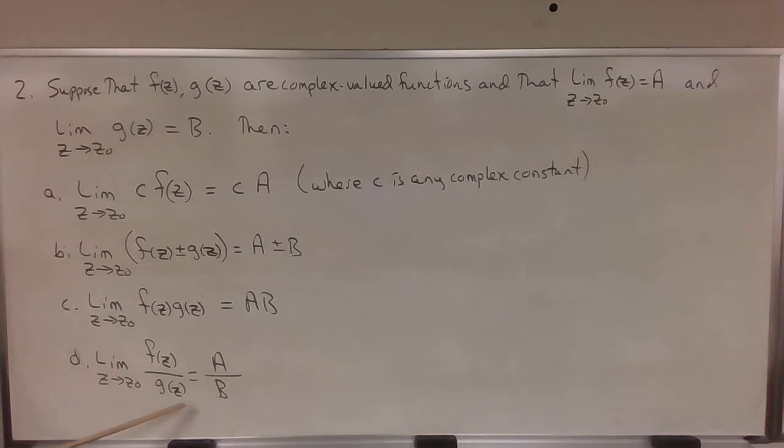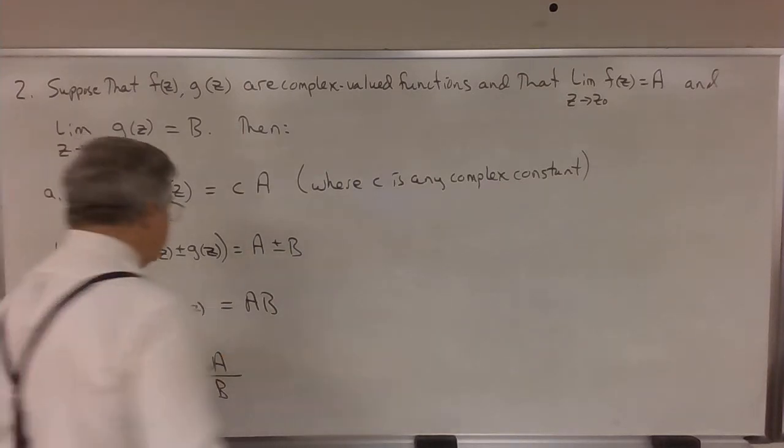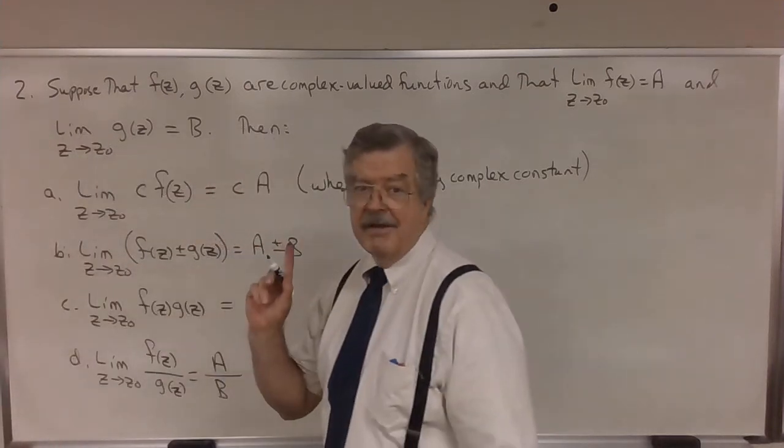In part D, I'm going to have to add a disclaimer here. I just thought about it. The limit of a quotient of functions is the quotient of the limits. So in other words, we can compute the limit of the numerator and put it over the limit of the denominator. Now, guess what disclaimer I have to put here?